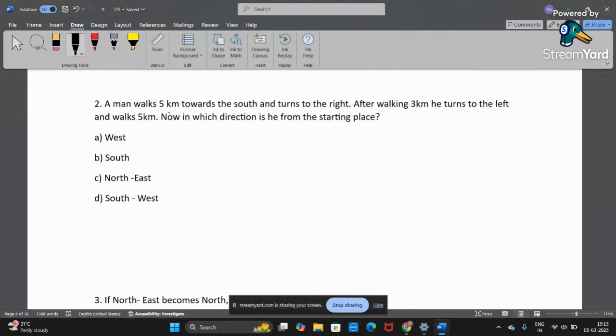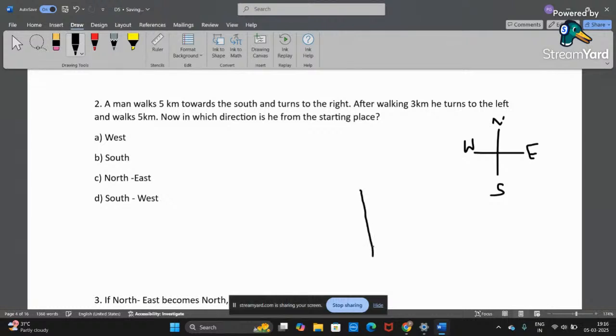A man walks. First, let's write the direction. North, south, east, and west. Right. These are the directions, right? Any doubt in this? Okay, fine. A man walks 5 kilometer towards south.